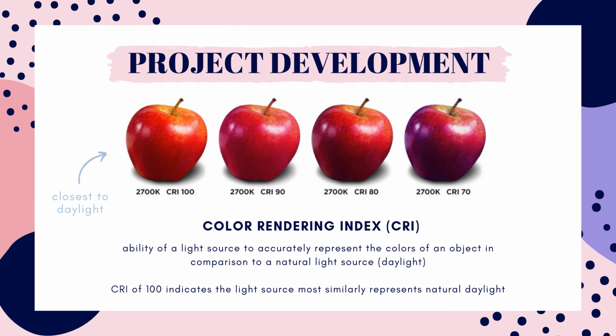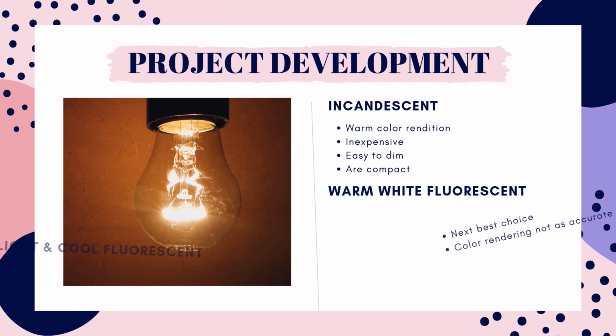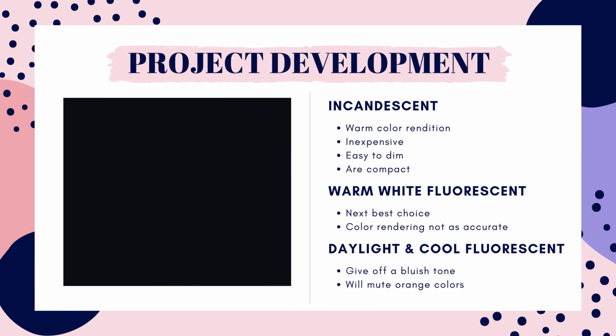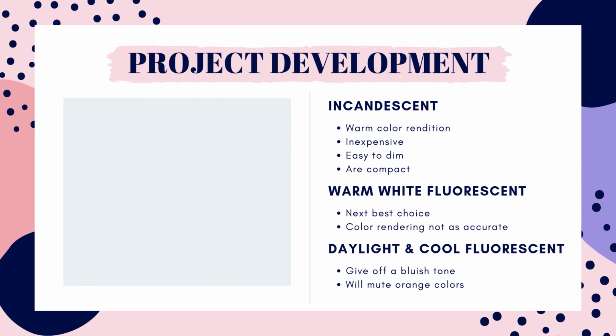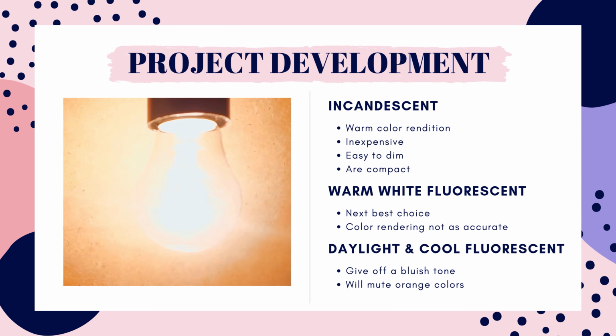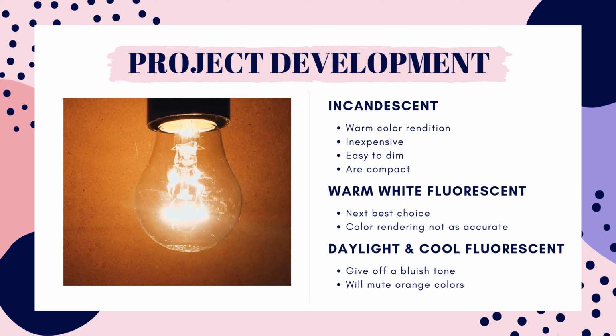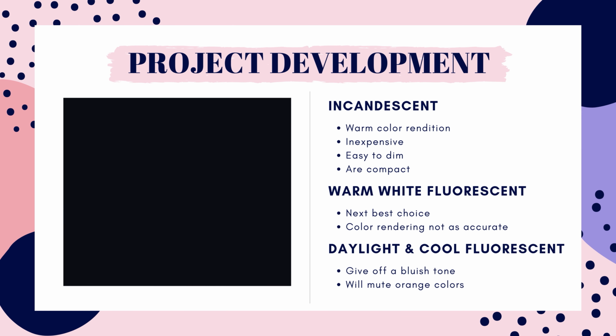A CRI of 100 indicates the light source renders colors most similarly to natural daylight. Incandescent lights also have a warmer color rendition, so they are a great choice for orange walls. They are also inexpensive, easy to dim, and compact. The main disadvantages with this bulb are the low efficacy, short lamp life, and high heat output.